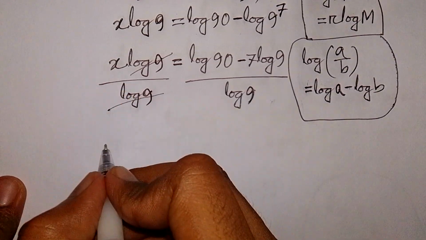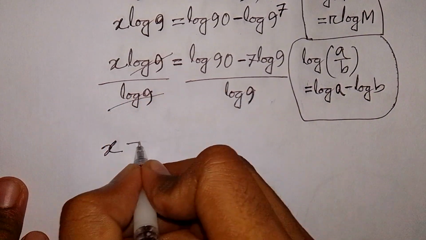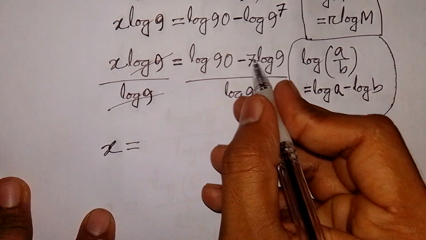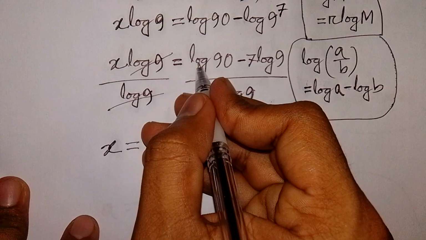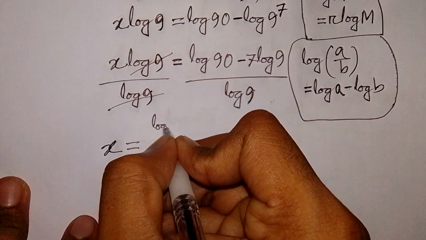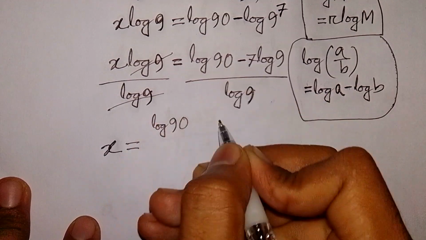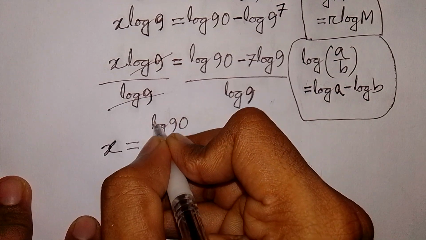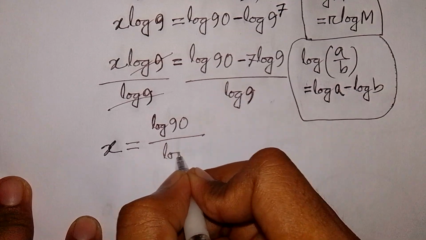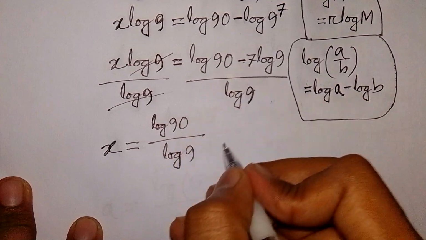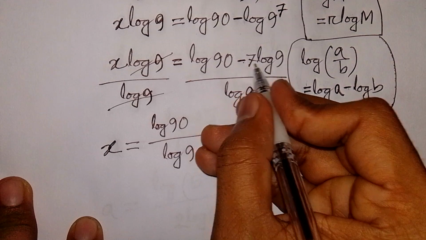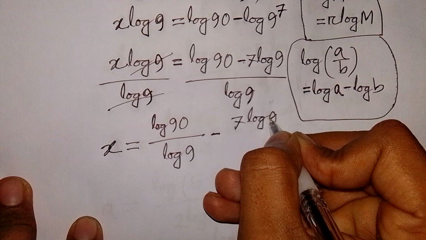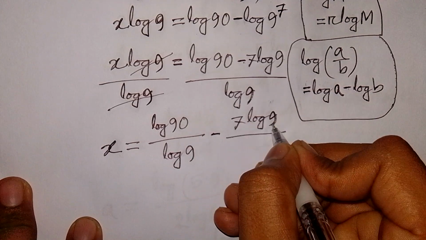So we have x is equal to this part of log 9 minus this part of log 9. So log 90 over log 9 minus 7 log 9 over log 9.